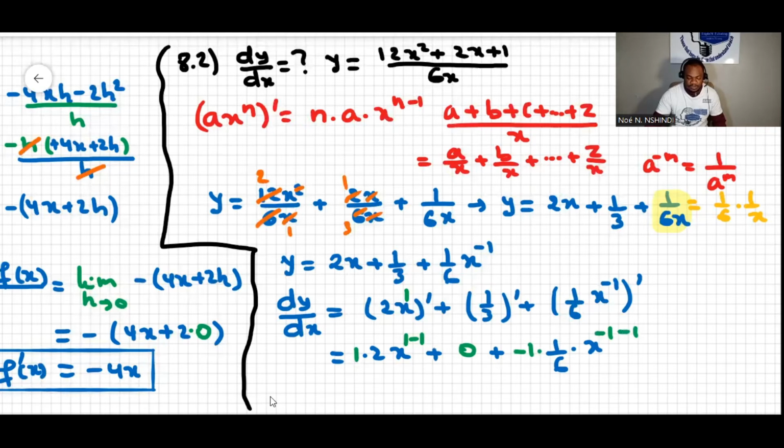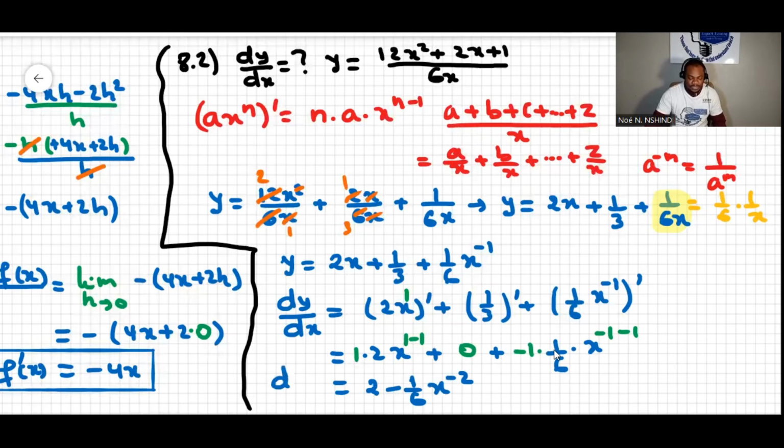Now this will be 2 plus 0, and then this here makes negative 1 over 6 x to the power of negative 2.